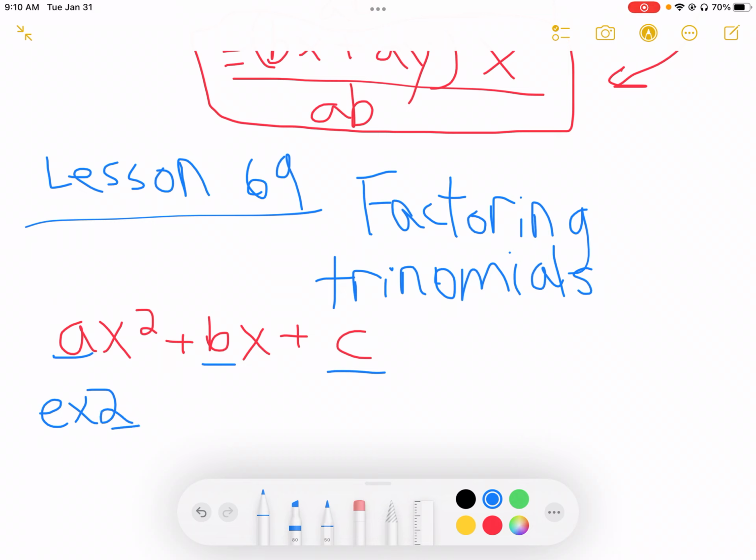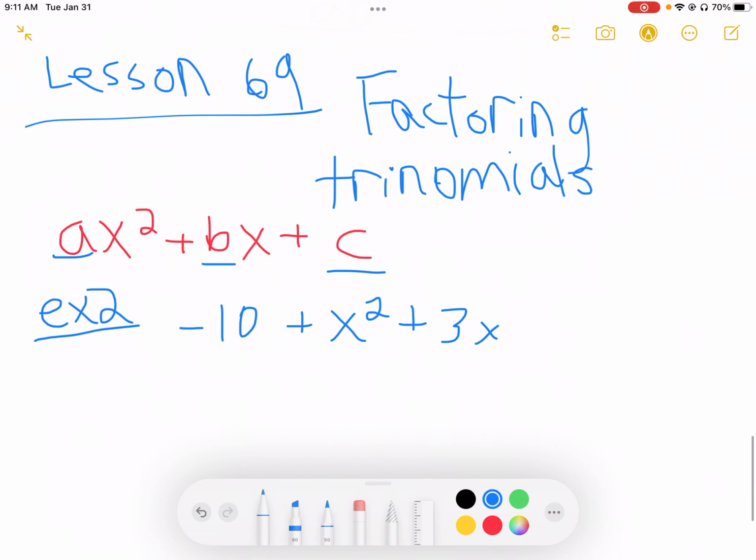So example 2, I'm going to switch up the order of what it looks like. Let's say I was given minus 10 plus x squared plus 3x, and I was told to factor this. I'm going to say, oh, well, it's not in the order that it is over here.